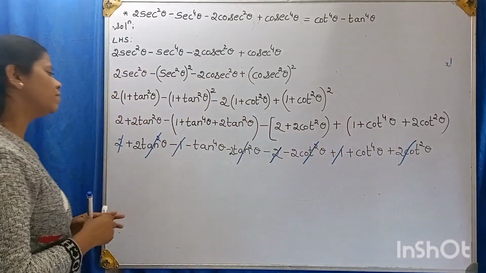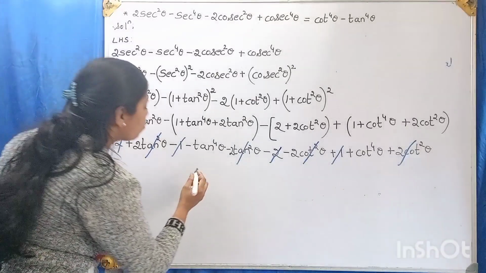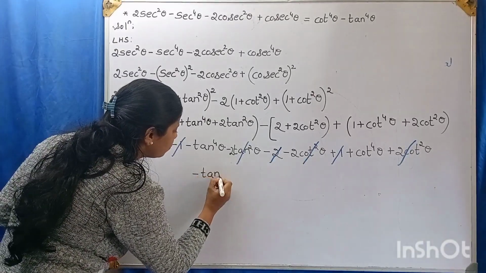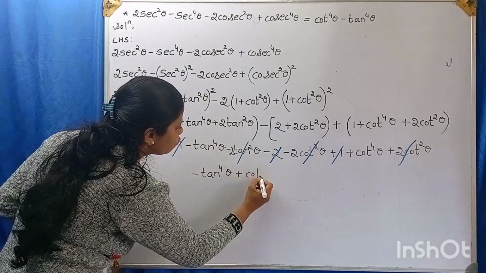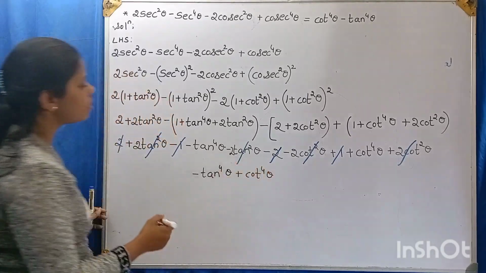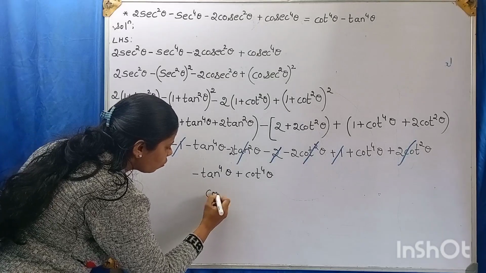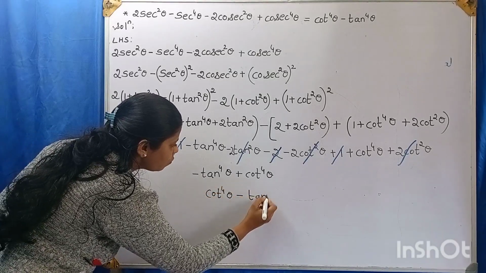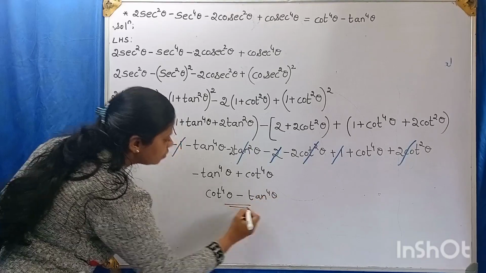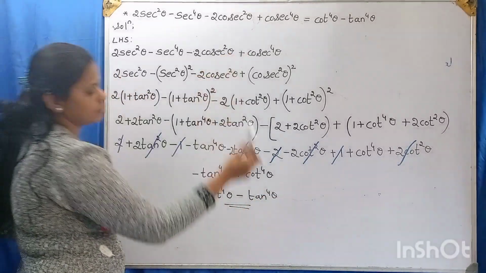What is left? Minus tan⁴θ plus cot⁴θ. This one I can write as cot⁴θ minus tan⁴θ. This is our RHS.